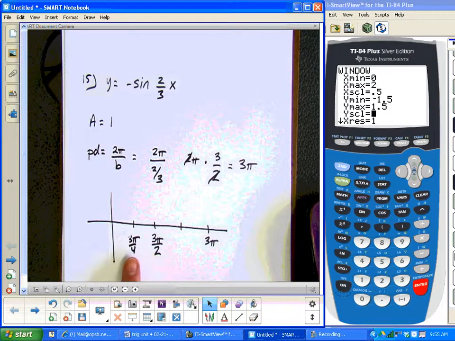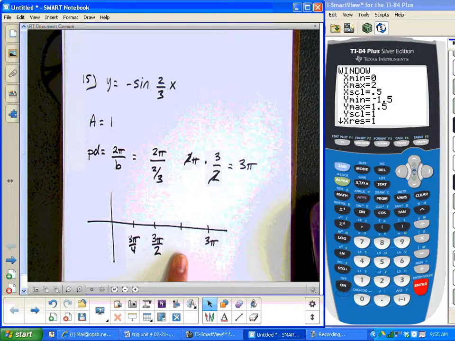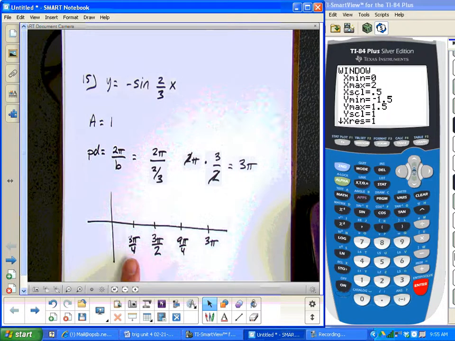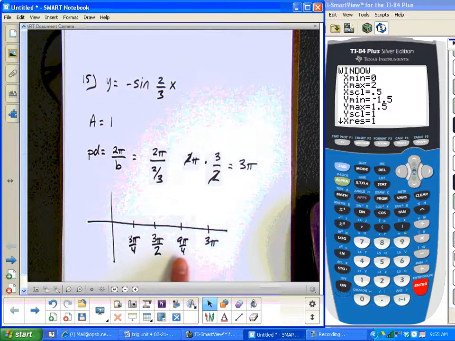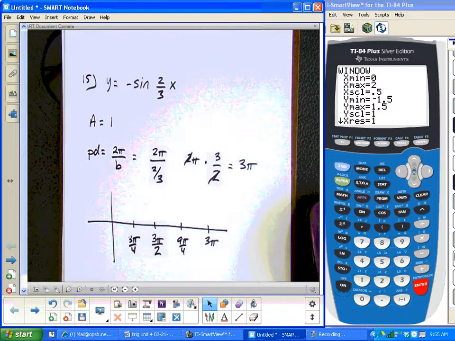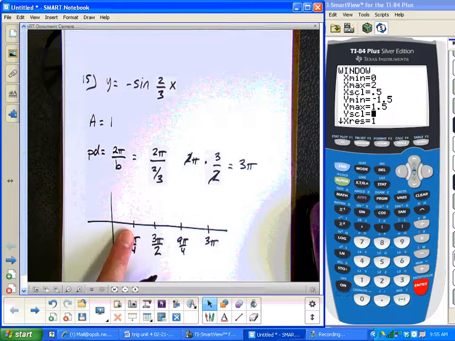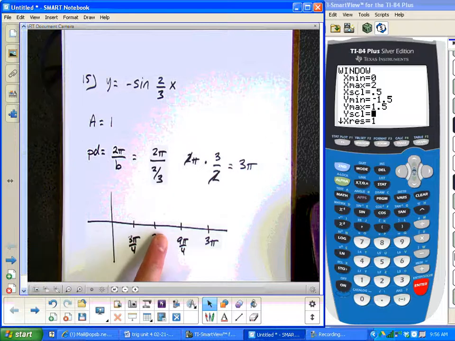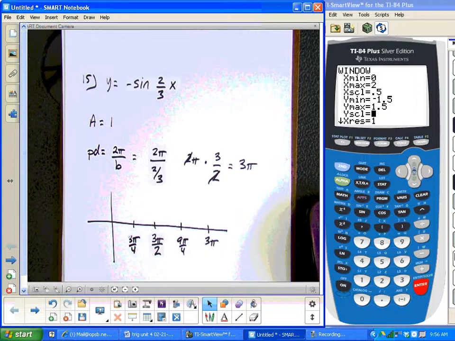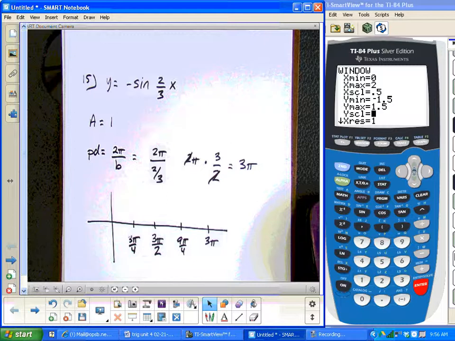Do it again: 3 pi over 4, 6 pi over 4, 9 pi over 4, 12 pi over 4, which is 3 pi. If this was just pi over 4, it's pretty easy: pi over 4, 2 pi over 4, 3 pi over 4, 4 pi over 4. But when you have a number like that coefficient on pi, you've got to count by that number. So it's 3, 6, 9, 12, over 4.